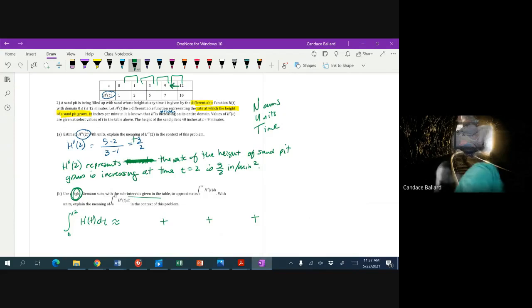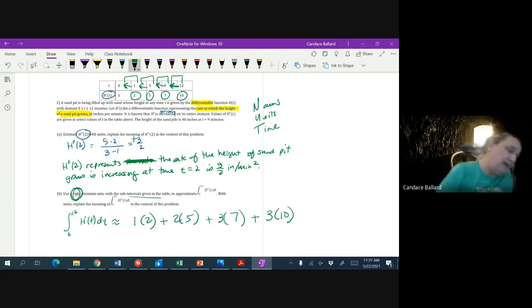My distance in between is 3 and my height is 10. Then my distance in between is 3 again and my height is 7. My distance in between is 2 and my height is 5. And my distance in between is 1 and my height is 2. That way, if I write it from the right, I know that I've gone the right direction, okay?